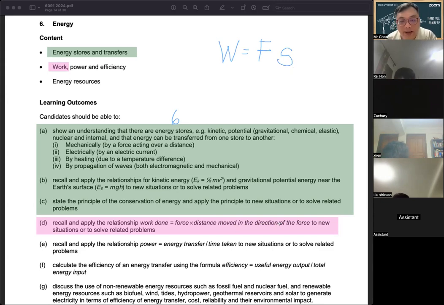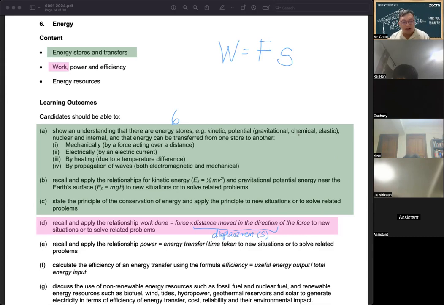This S here, distance moved in the direction, in short form is called displacement, and displacement, as you have learned previously, has the short form S. So the formula of work done is force times S. Is that clear?